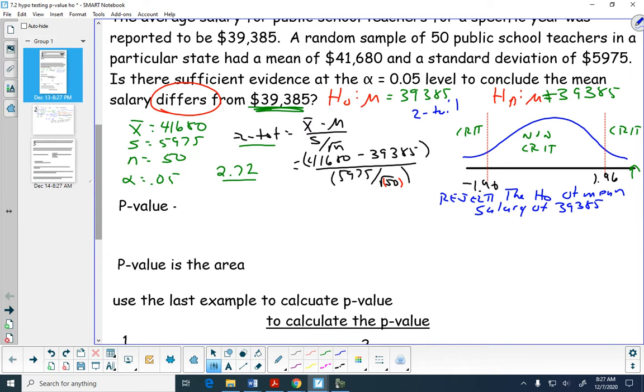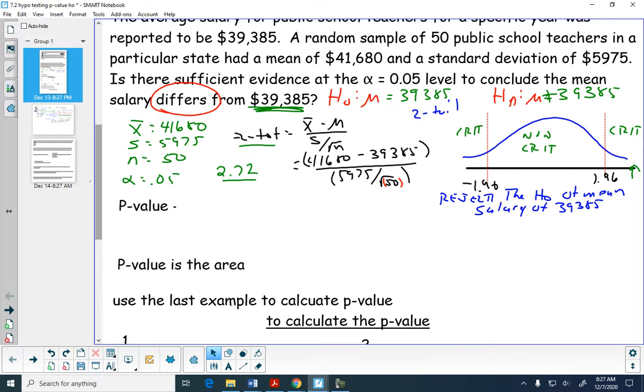Or we can use the 41,680 and say the mean salary for that state is 41,680 rather than the 39,385. Once again, just a re-emphasis of a z-test and how we deal with a z-test and a z-value.